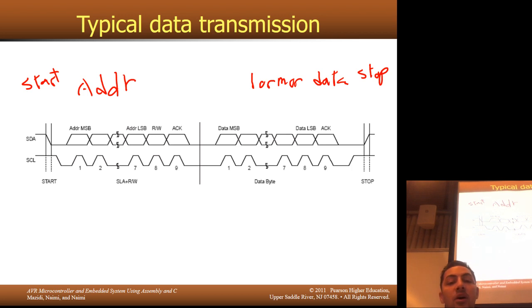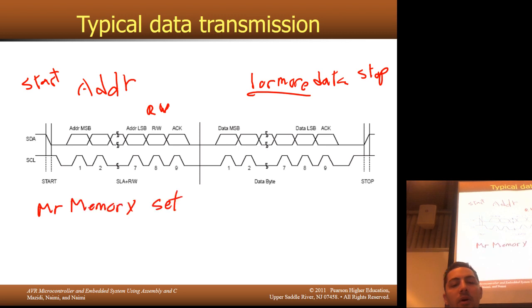You can have 1 or more data bytes. Okay? But in either case, you're going to be either reading those bytes or writing those bytes. Oftentimes, first, you have to say, Mr. Memory, set your pointer to address 100.